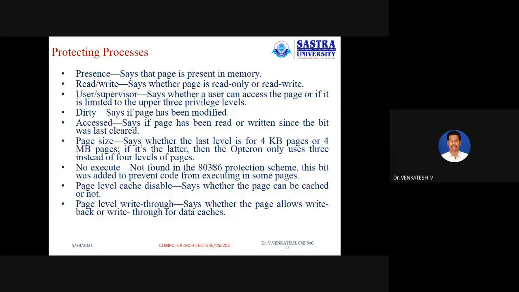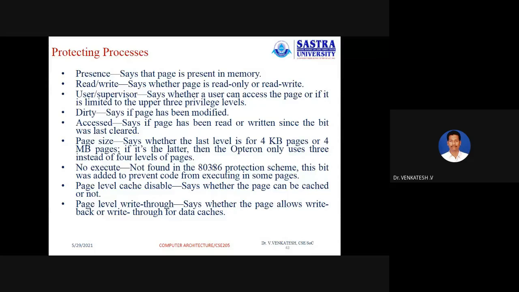If the dirty bit is set for a particular page, that information has to be sent and everyone has to get the new data. So it says the page has been modified, and according to that the remaining pages get updated information. That is called the dirty bit.